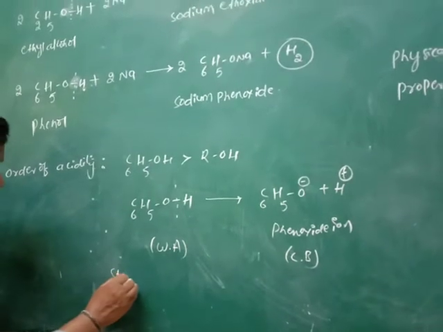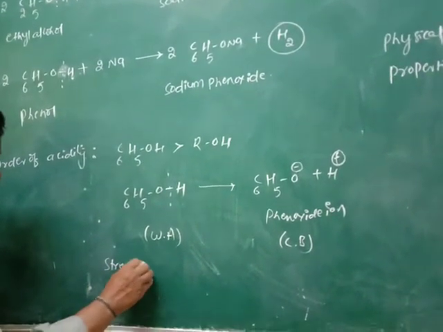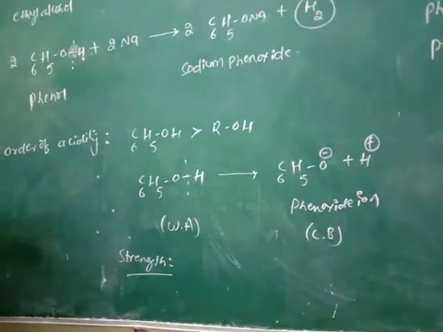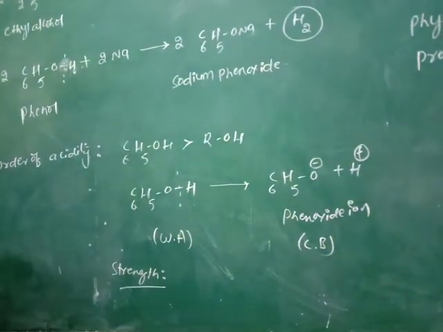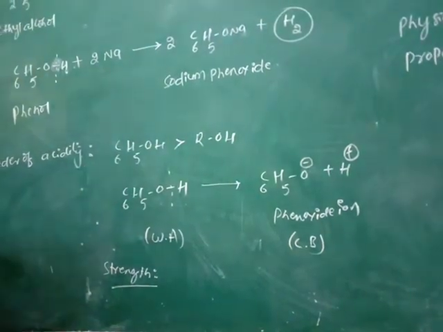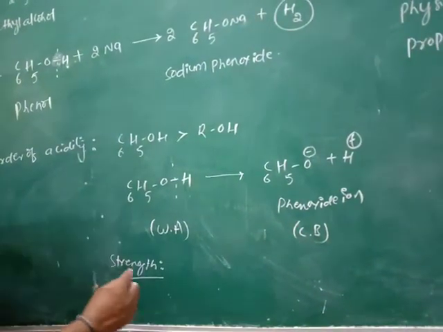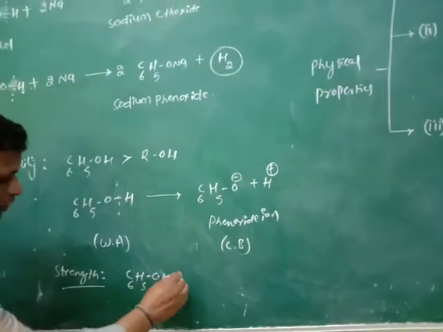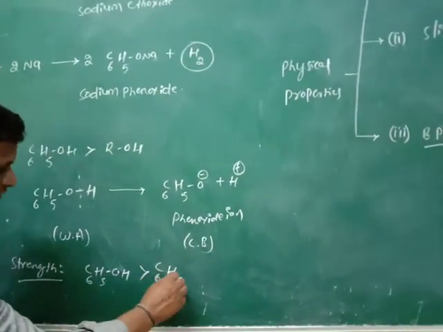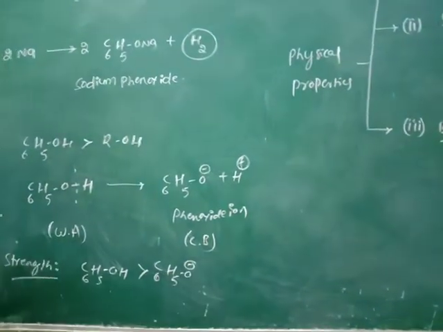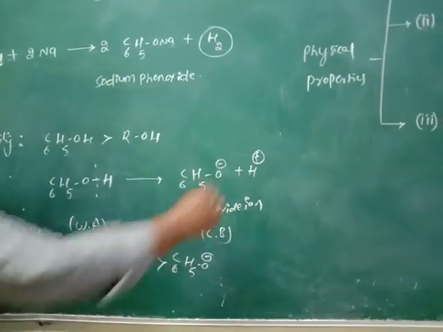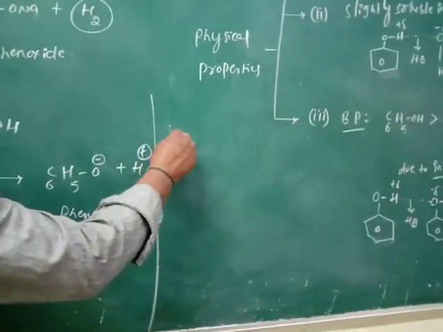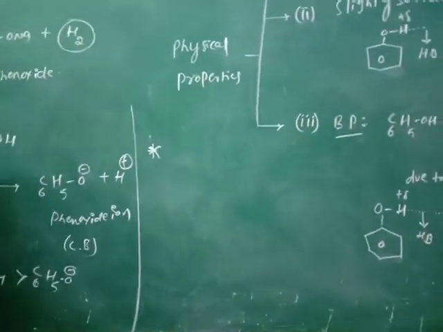Then, regarding the strength of phenol and phenoxide, phenoxides are more stable than phenols. The next point is that acidic nature is explained with respect to Ka values.